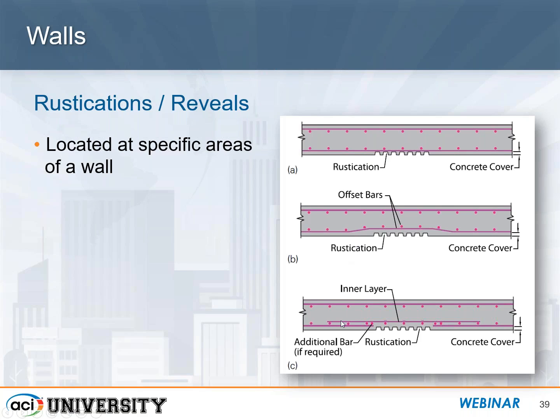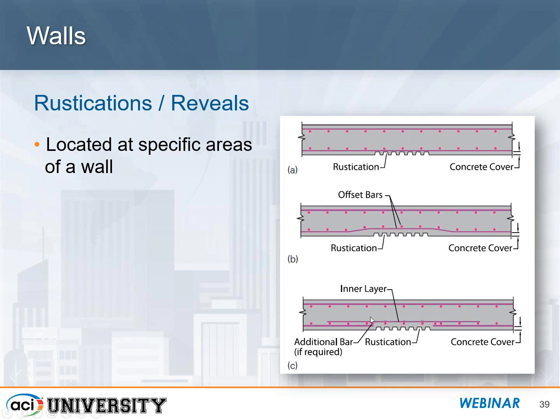There's two solutions here. Solution B, to provide the right cover, is to use these offset or bent bars. That's, as I had mentioned during our first session, not one of my favorite things to do. I think it would be best to provide an inner layer of steel and detail this just as if this were an opening in the wall.